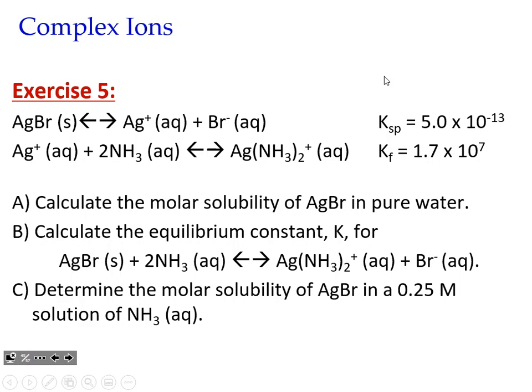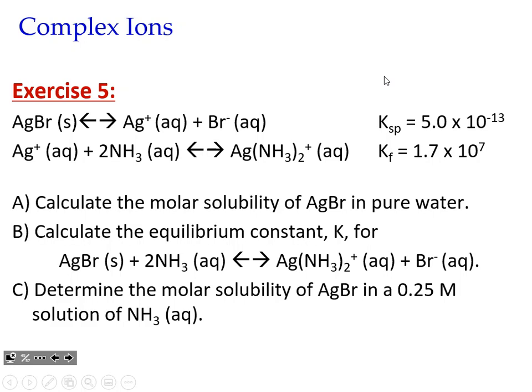It just looks like a big mess up there. And like, wow, how am I supposed to process all of that? Well, we process it and realize, since they gave us Ksp and Kf, we're really dealing with an equilibrium situation here. And if we just apply our regular equilibrium rules, we should be fine.